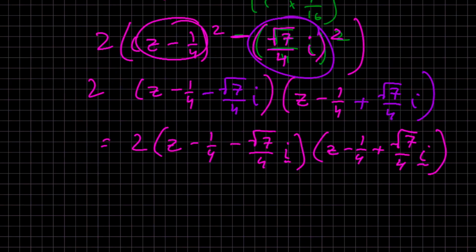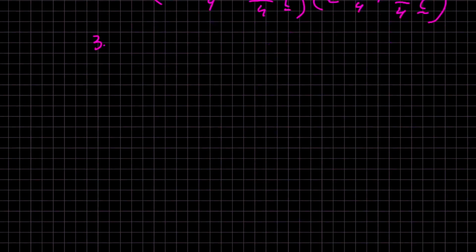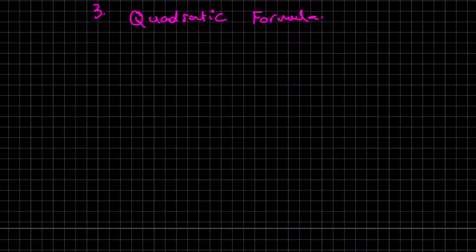Now, our very last method that we can use to solve our quadratic equations would be to use the quadratic formula. So the last method is to simply use the quadratic formula. So again, let's try this with an example. So let's use z squared plus z plus 3 equals 0.